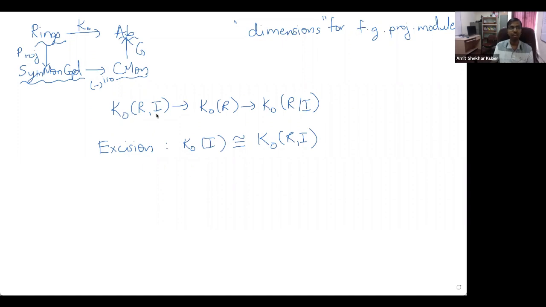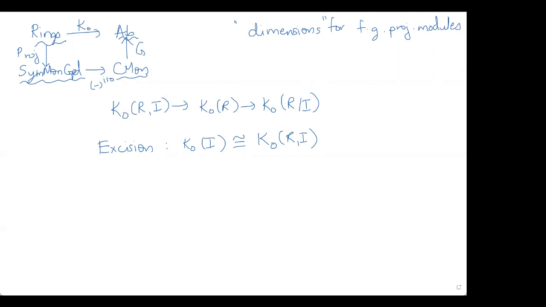And this relative K group is independent of R, which means it only depends on the difference between R and R mod I, which is the abelian group I thought of as a ring, possibly without unity. This excision property is an important property which makes it similar to homology. So any questions from the previous lecture?